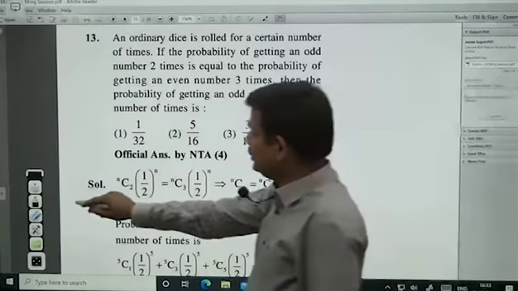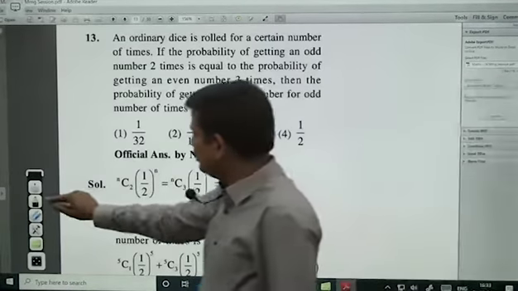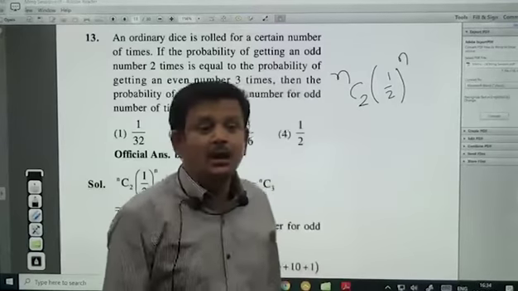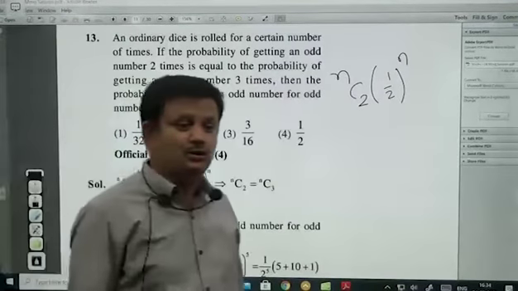Select those 2 times, you are rolling the die n times, n minus 2 times you are getting an even trial, 2 times you are getting an odd trial. So both of them are equal, 1 by 2, 1 by 2. So 1 by 2 power 2 into 1 by 2 power n minus 2 will simply be 1 by 2 power n. This is the probability of getting an odd number exactly 2 times.